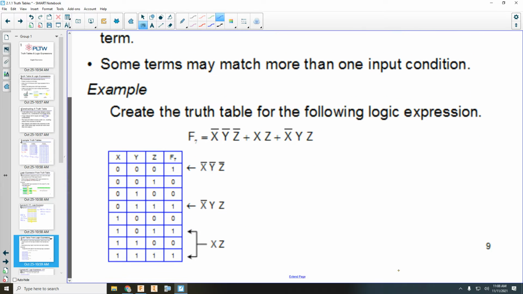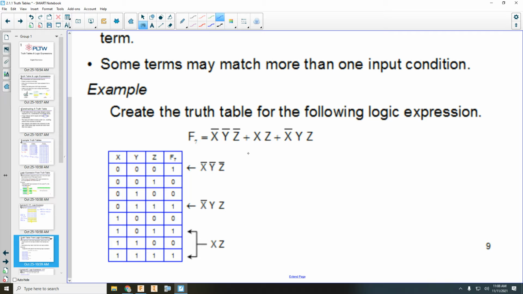All right. So what we also want to be able to figure out is, if we have the logic expression, can we write the truth table? This one's already done for us, but what we have is a couple of terms that give us a single term. We have x naught, y naught, z naught, which is of course my first row. And I have x naught y z, which is my fourth row, binary 3.